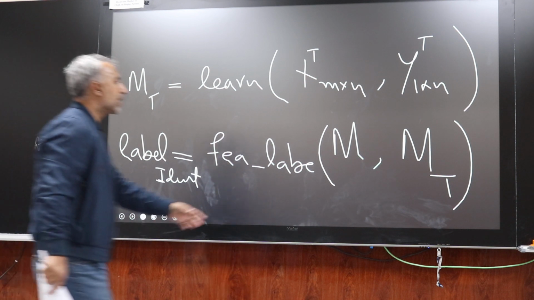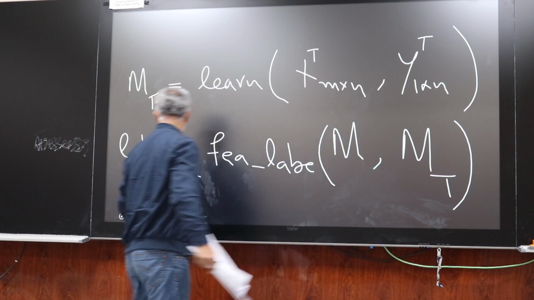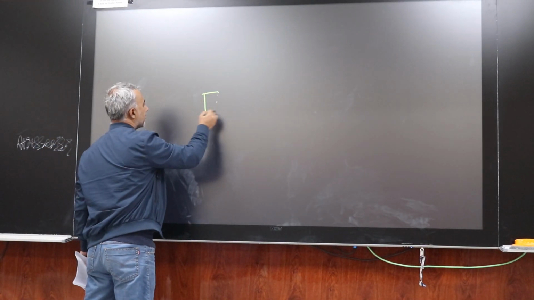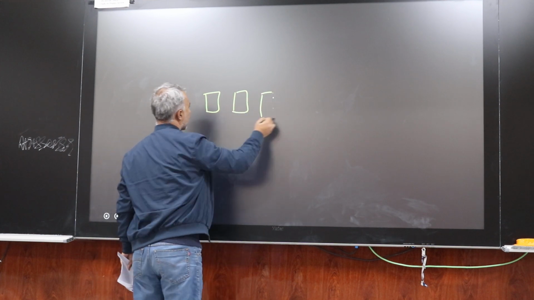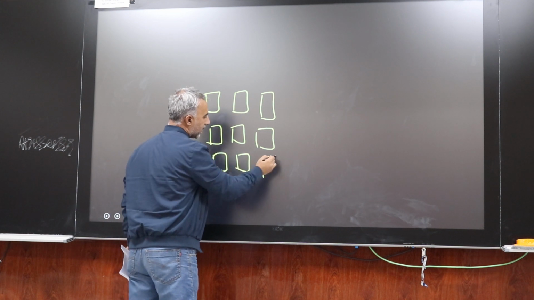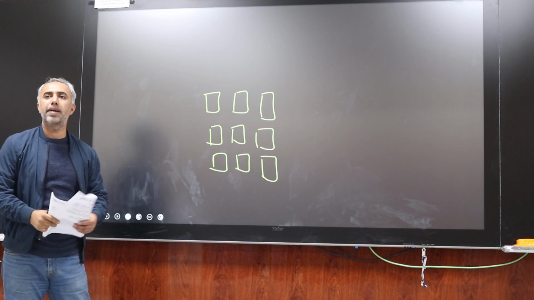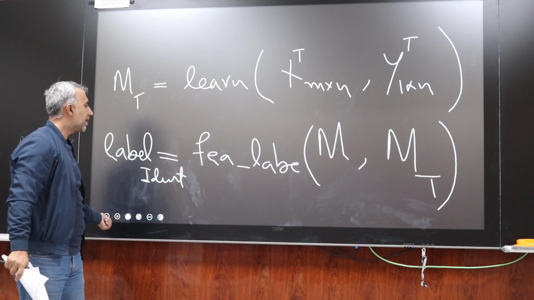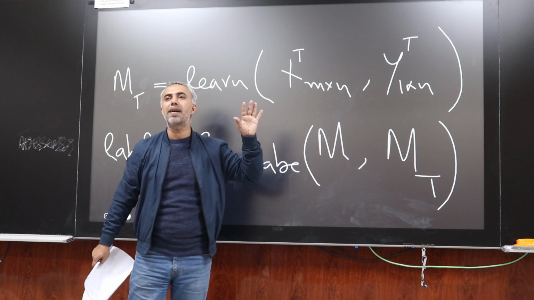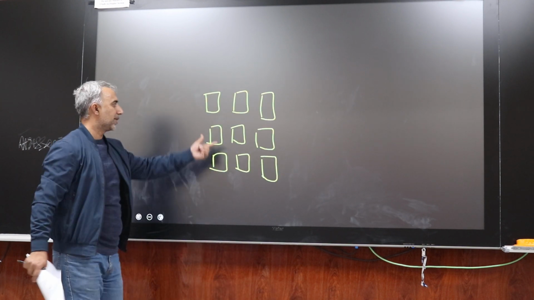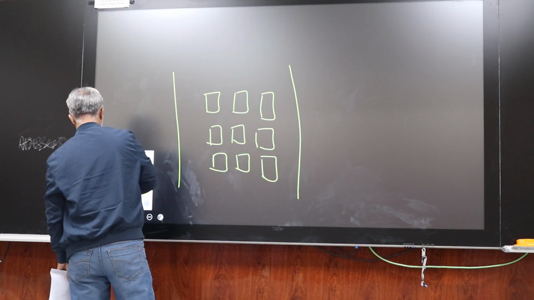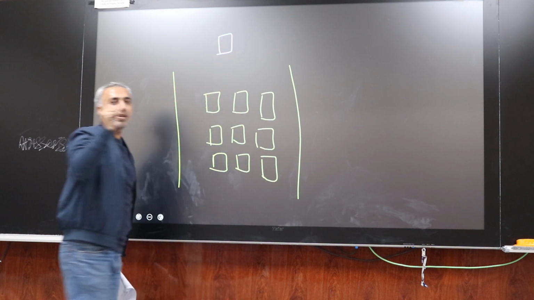Yeah, actually, suppose in the M, this is the learning data, augmentation of the data, keeping the 9 images, and your test data is the one.